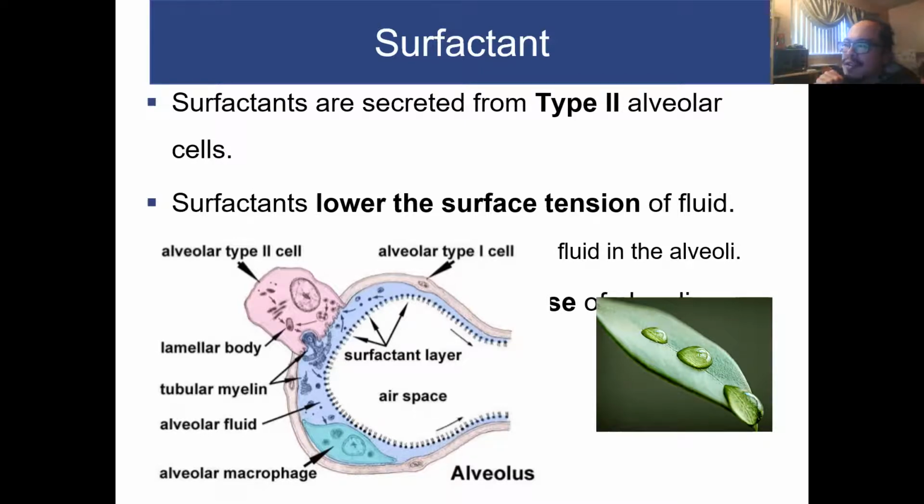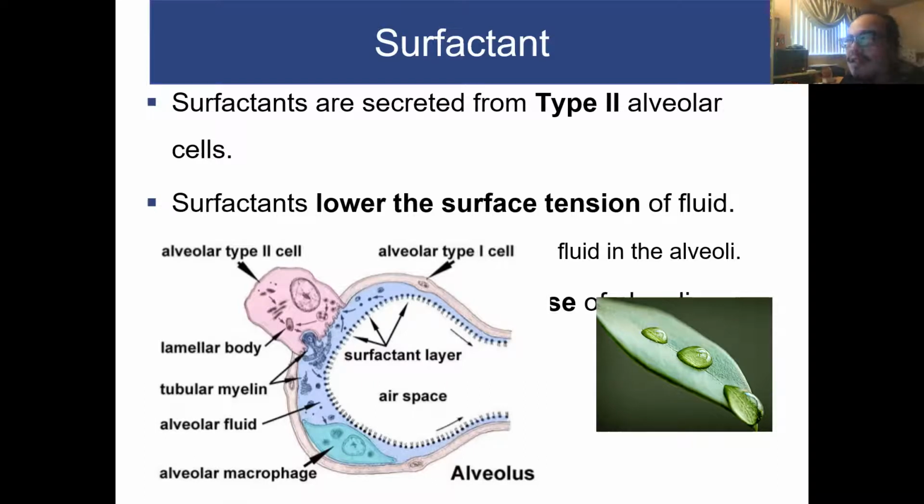If we simply drop water in the alveolus, the water will form a droplet, just like water here, right? Then we will see a big chunk of water inside the alveolus, and it's not good because then it's a bag of water, not an air bag, right? So how can we keep the surface wet while we have the fluids there?